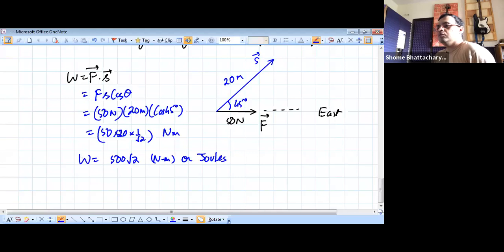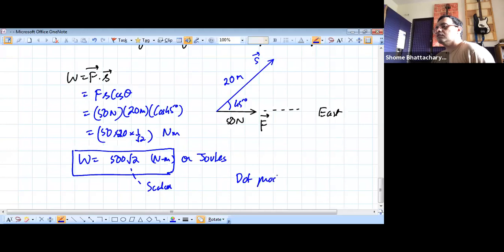But understand now that this quantity that we got on this side is a scalar. Okay, so dot product of two vectors outputs a scalar quantity. That is the important thing to understand.